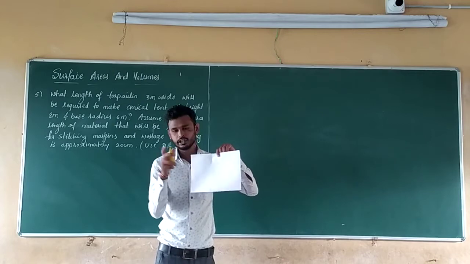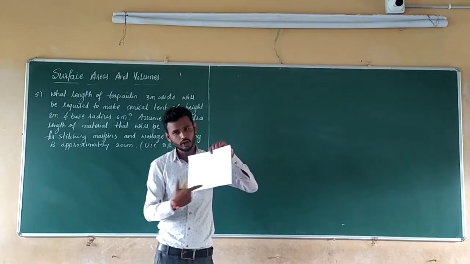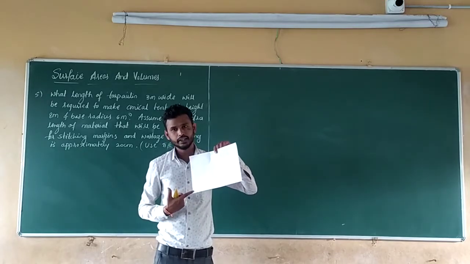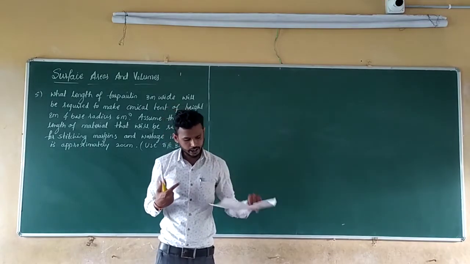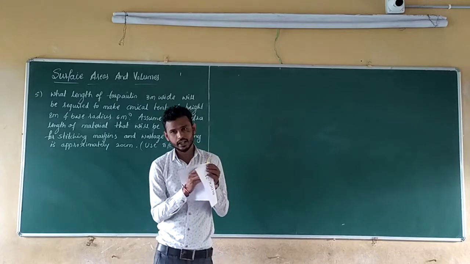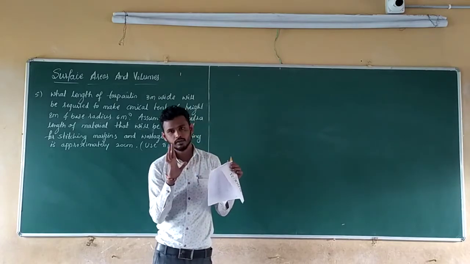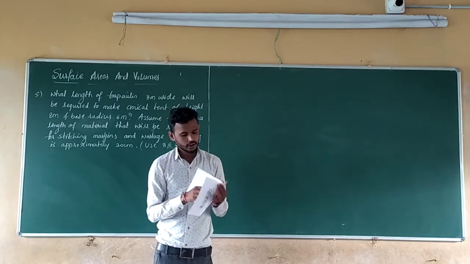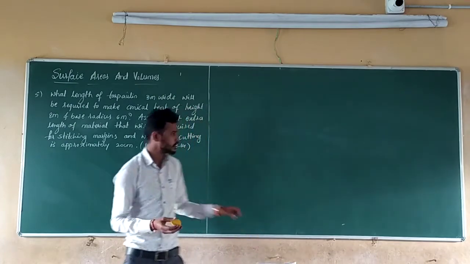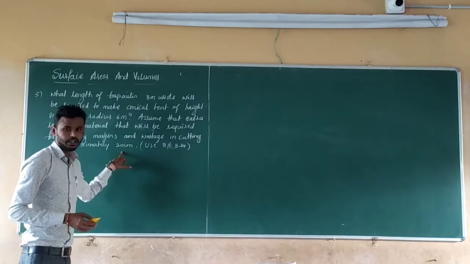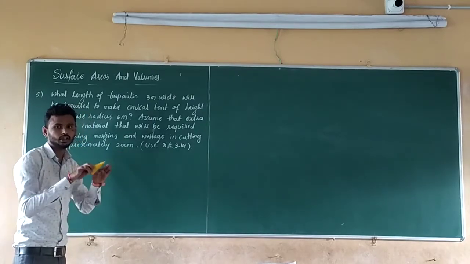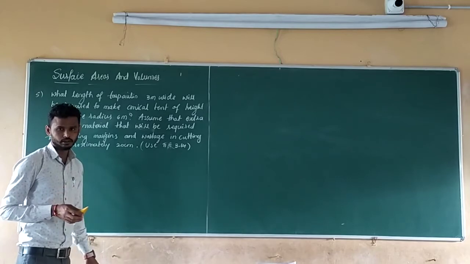So find the CSA of the tent, and you will get the area of the rectangle. Width is given, so find the length. And again, while making this tent, we need to cut some portion of the tarpaulin, so the wastage is also given: 20 centimeter. After finding the length, add this also, and you will get the total length of the tarpaulin.